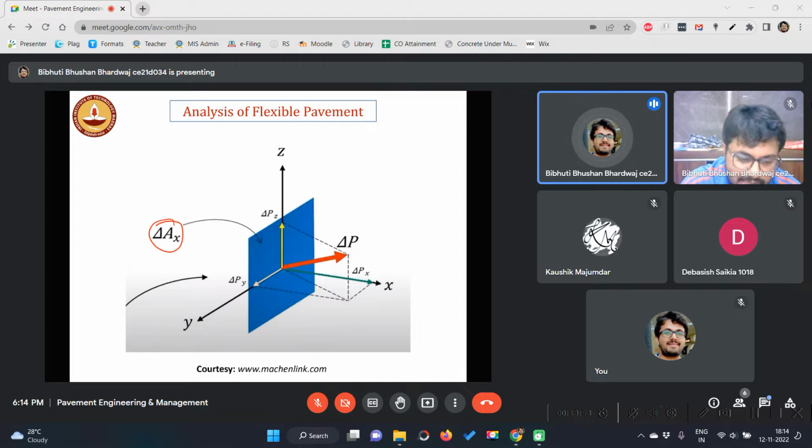Just like in the engineering graphics class, the projection of a line on the axes. If this particular force is acting in such a direction that it makes some angle with all three axes x, y and z, then we can take components of this force in all three directions. Its z component will be delta pz.